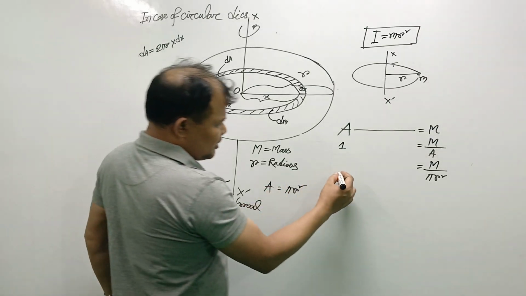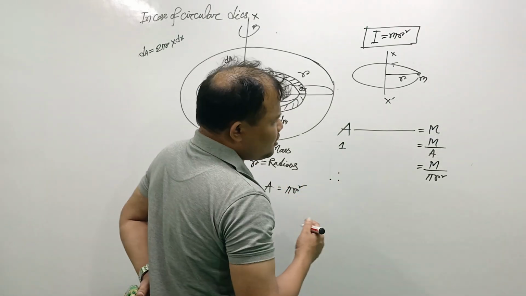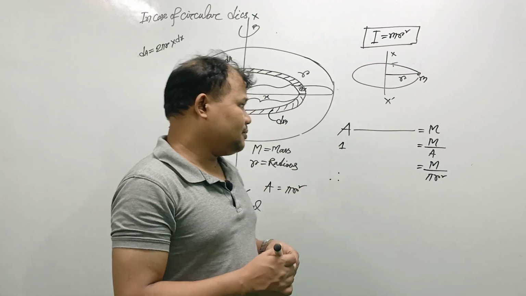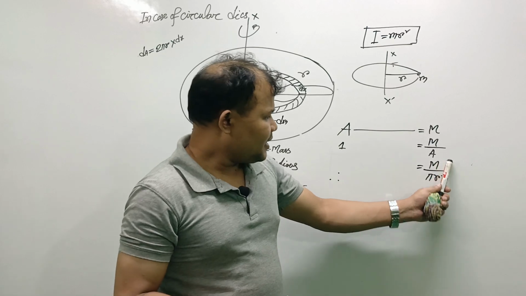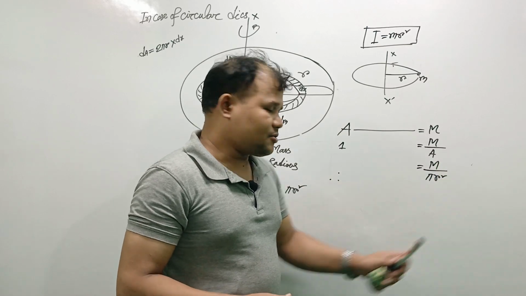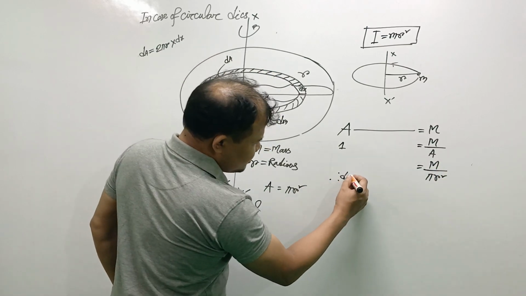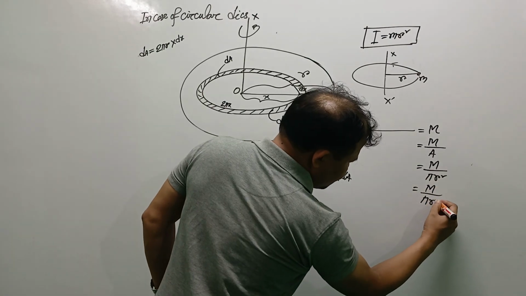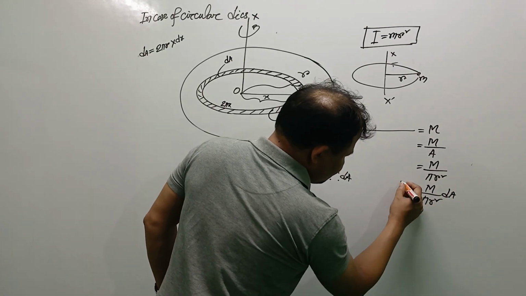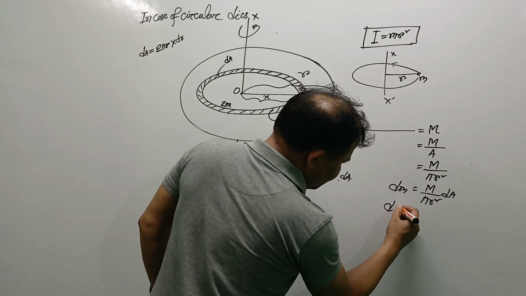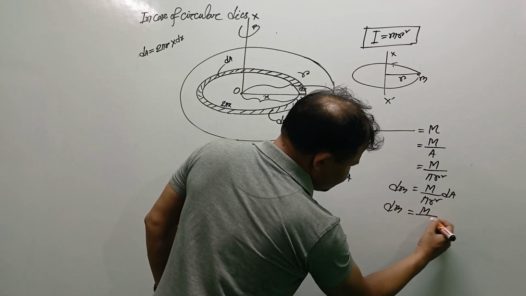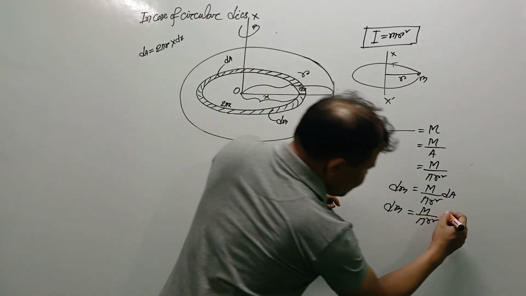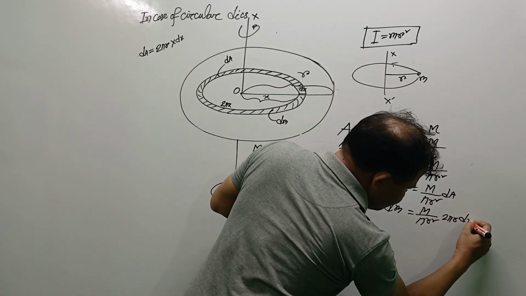For 1 unit area, the mass of the circular disc will be m divided by pi r square. So in case of the area dA, we can write m divided by pi r square times dA. So this mass will be very small, and the value of dA is twice pi x into dx.